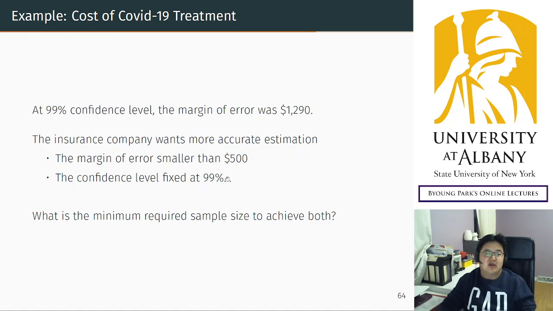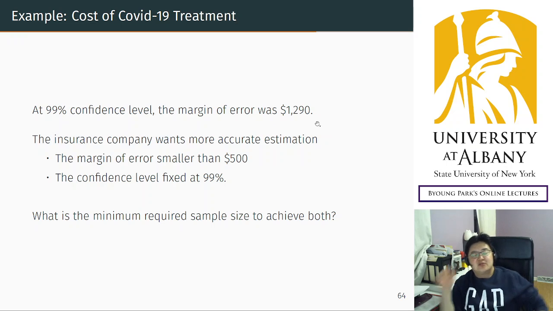So now, in the previous example, we considered a 99% confidence level, and the margin of error was about $1,209. So now just think about this. The margin of error is more than $1,000. This may be too large. You have to think about too many potential errors when managing your finances. For example, you are in an insurance company.